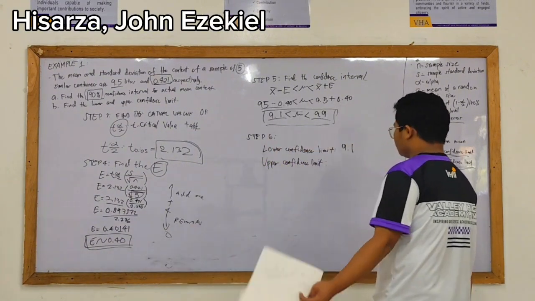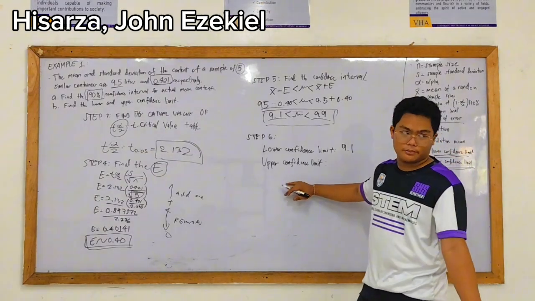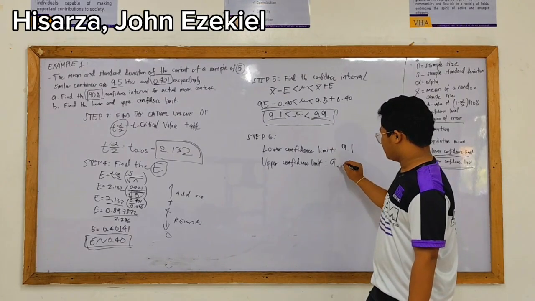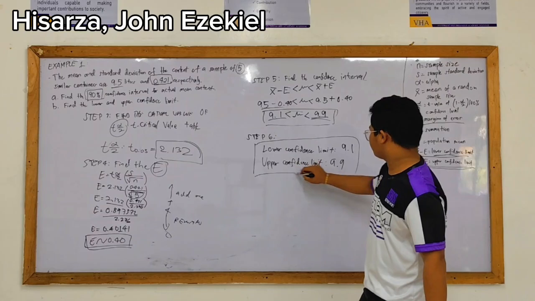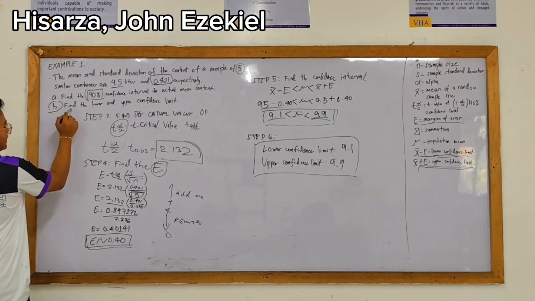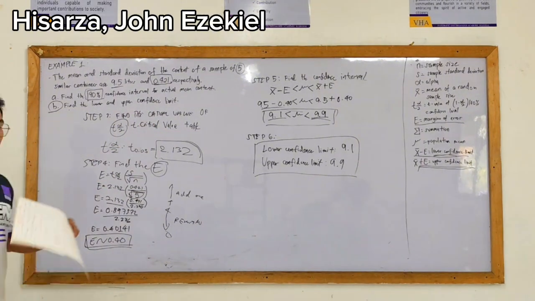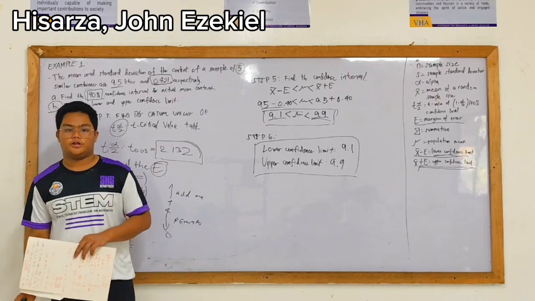Once again, as you all know, we already got the value of our upper confidence limit, so we're just going to copy it, which is 9.9. So this is our answer to letter B, which is find the lower and upper confidence limit. We already have the answer, and that's all for the first one.